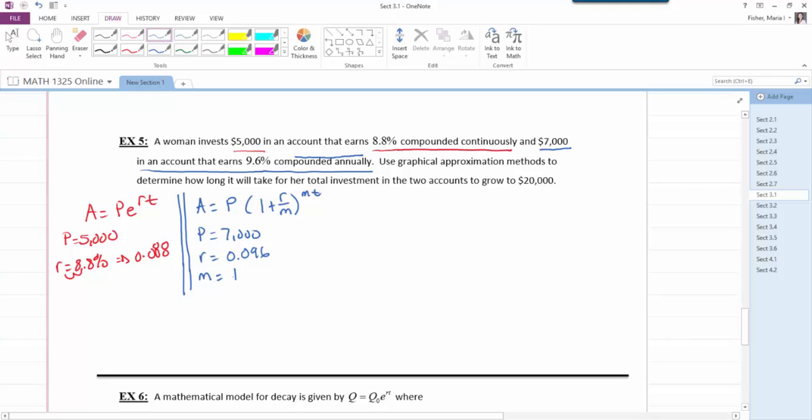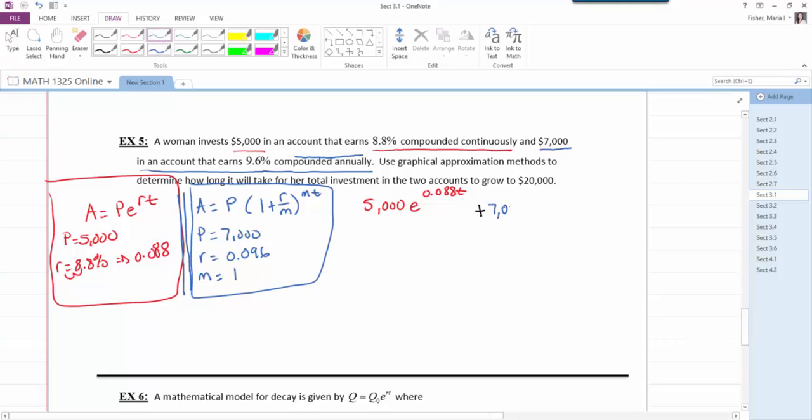Okay, so now it says use graphical approximation methods to determine how long it's going to take for her total investment in the 2 accounts to grow to $20,000. So what they're trying to figure out is if you have from this formula 5,000 E raised to the 0.088t, and you add that to, from this formula, 7,000 times 1 plus 0.096 over 1 raised to the 1 times t.